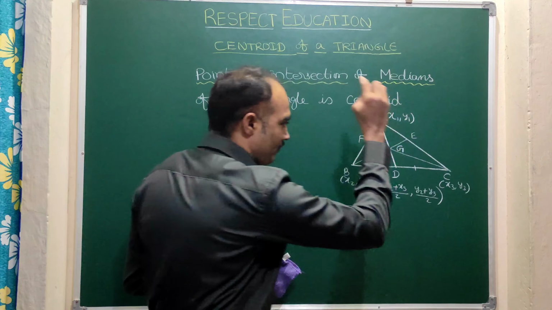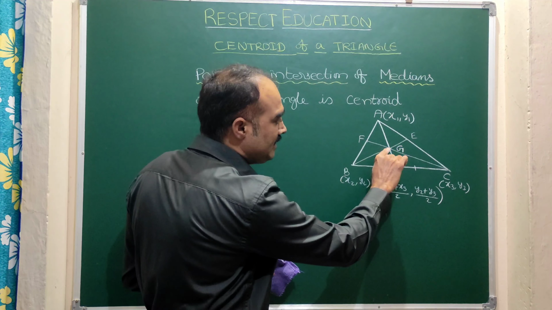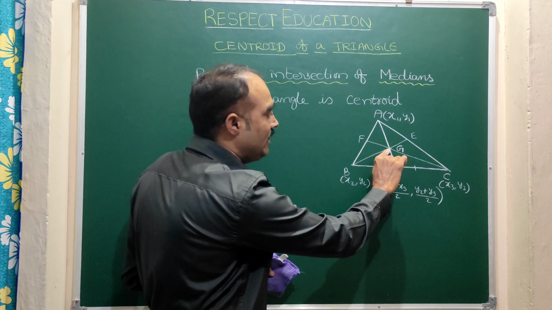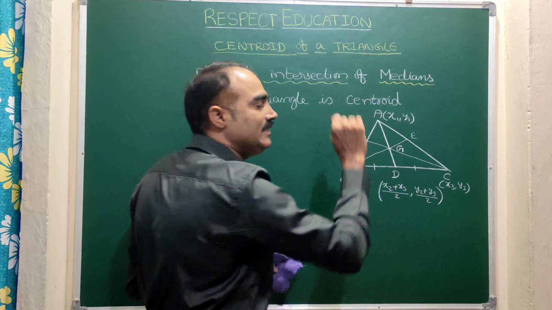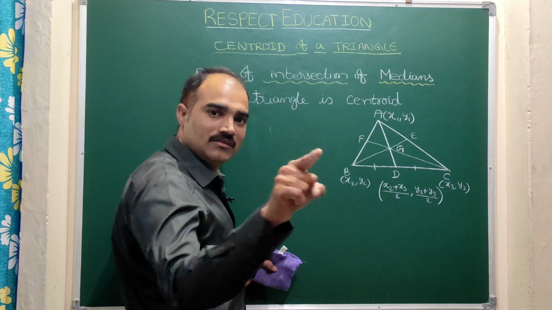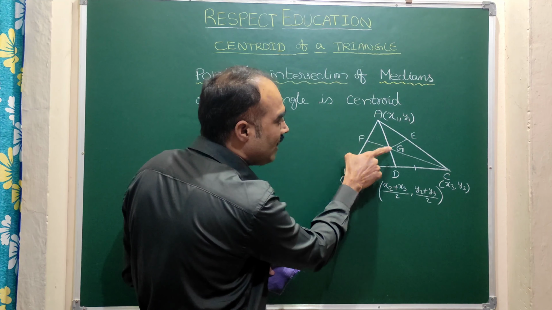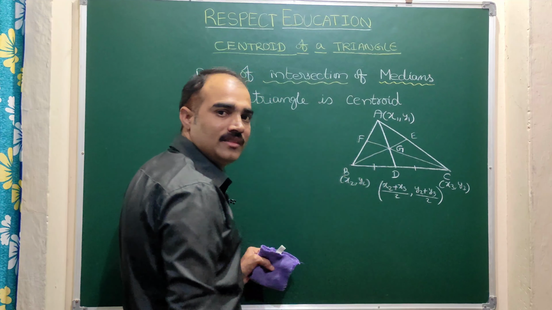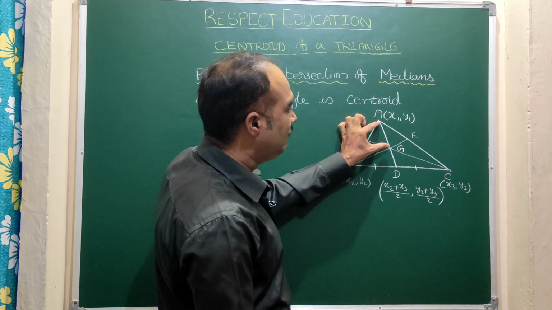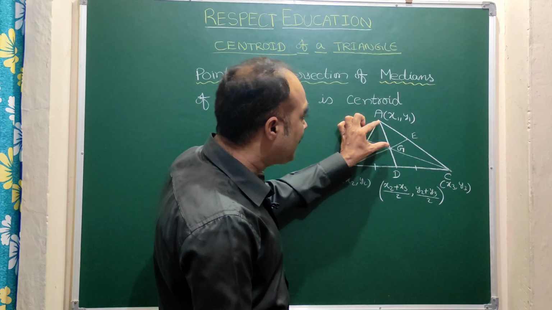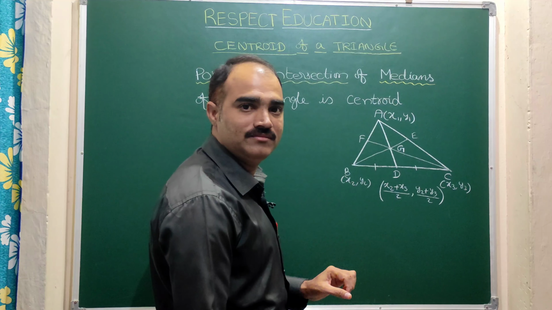Here you understand that the distance between G to D is half the distance between A to G, or in other words, the distance between A to G is twice the distance between G to D. That means, clearly observe, if you take this part AG as 2x, then this part GD will be x.